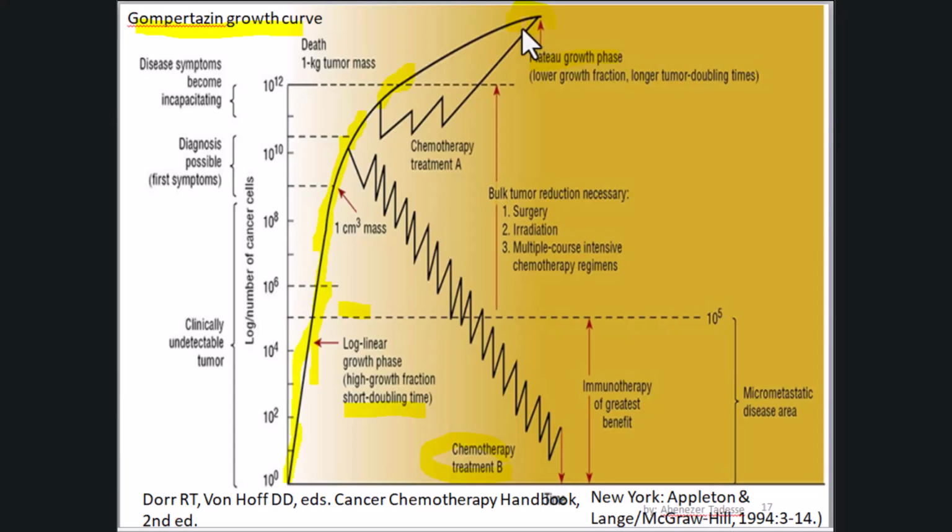So to avoid any further damage, the cancer cells divide very slowly, so they are not vulnerable to or targeted by various chemotherapeutic agents. So this becomes very challenging.